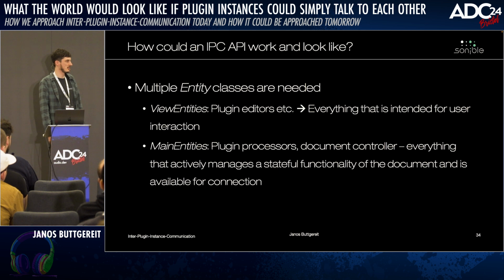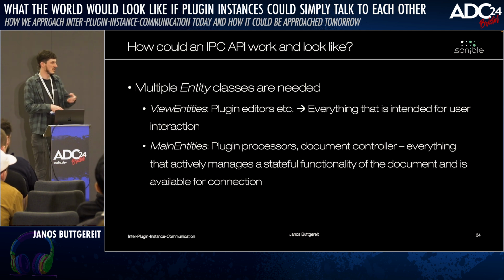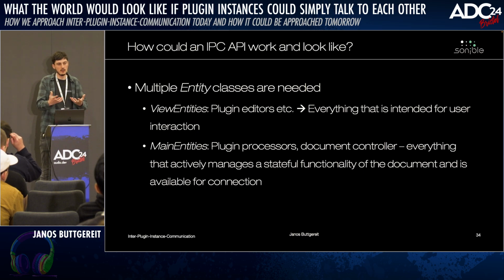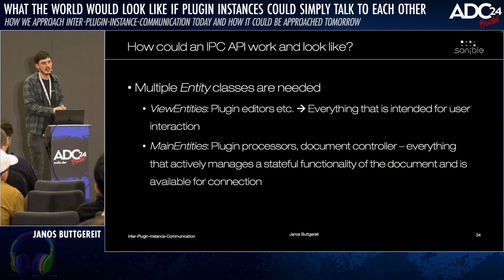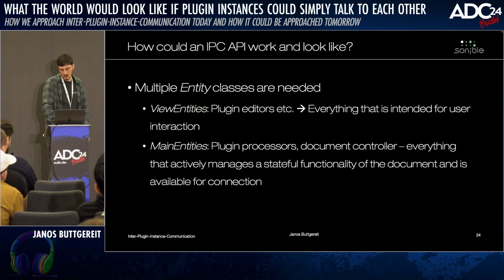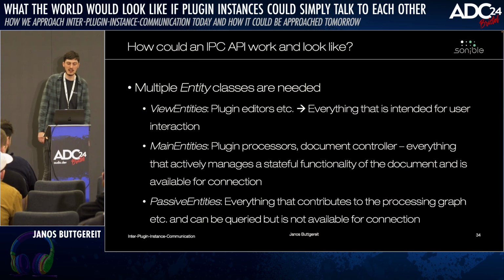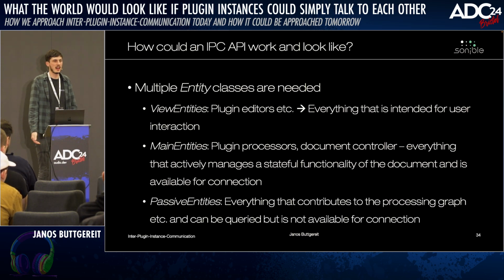Main entities, so plugin processors, the document controller, everything that has some kind of stateful functionality and is available for connection. And for a generalized model, I would also introduce passive entities that could model everything that is there in our processing graph that is not available for connection.